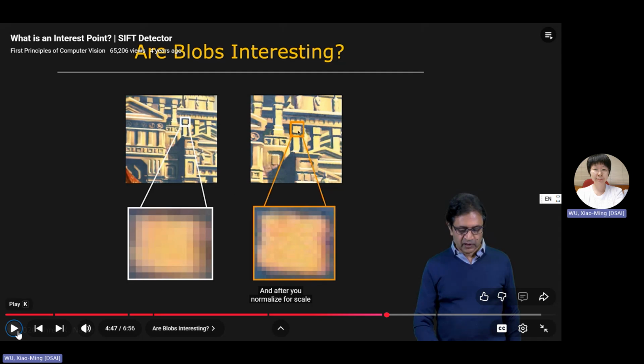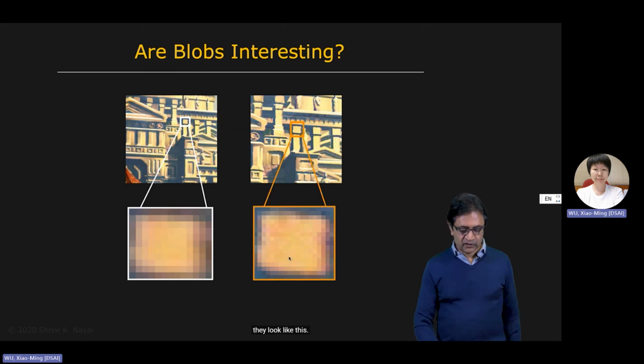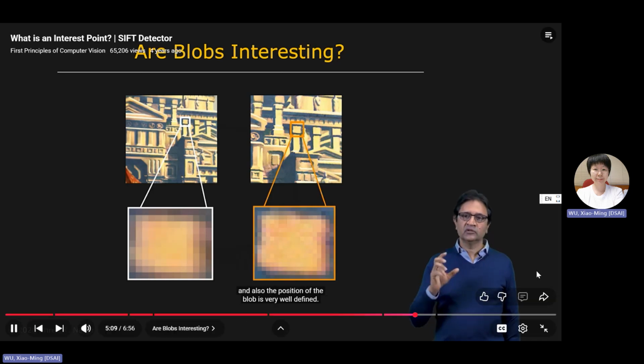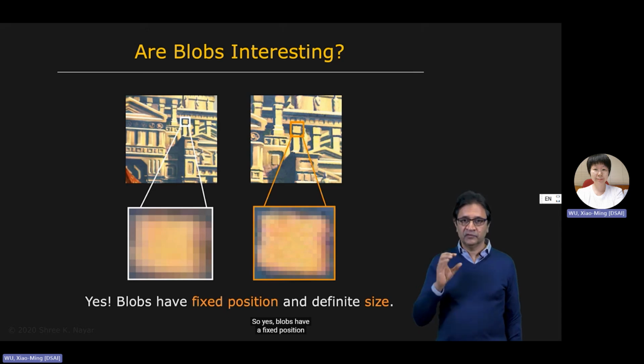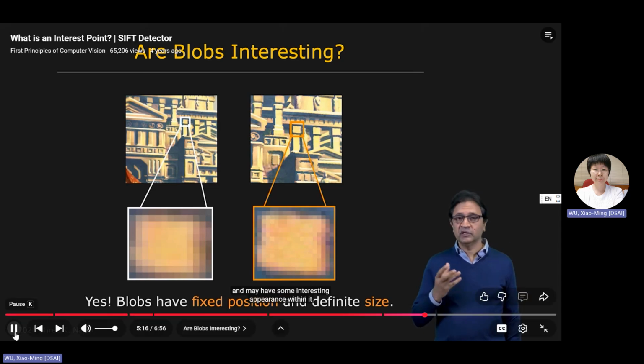After you normalize for scale and you put them in windows of similar size, they look like this. And what's interesting here is that you have some kind of local appearance, in that there's brightness variation going on in here. And that defines the appearance of the blob itself. And also the position of the blob is very well defined. So yes, blobs have a fixed position and may have some interesting appearance within it, and therefore could be potential interest points.